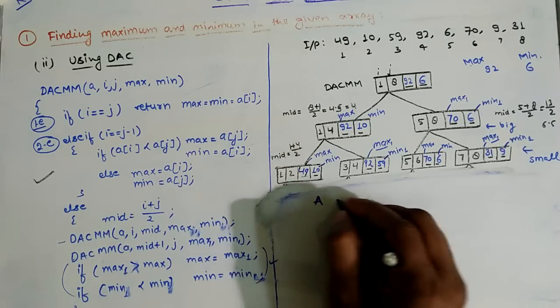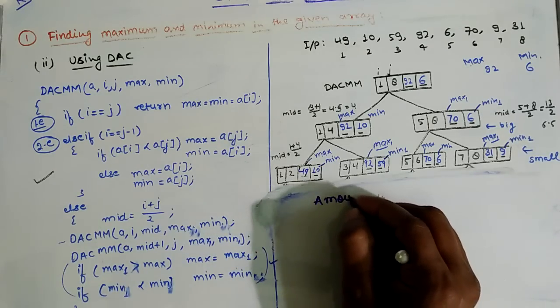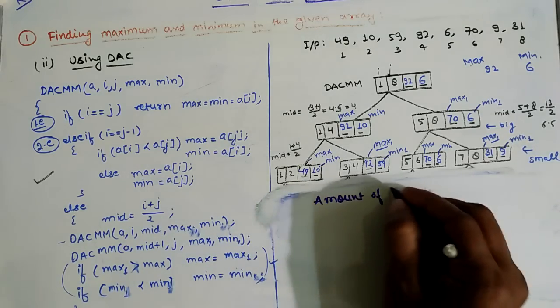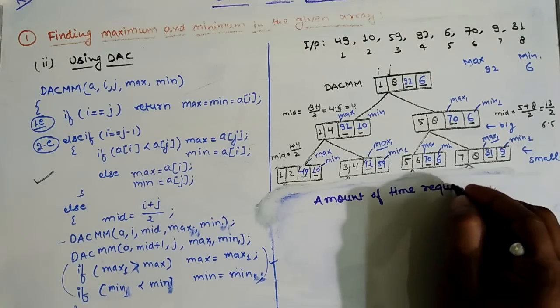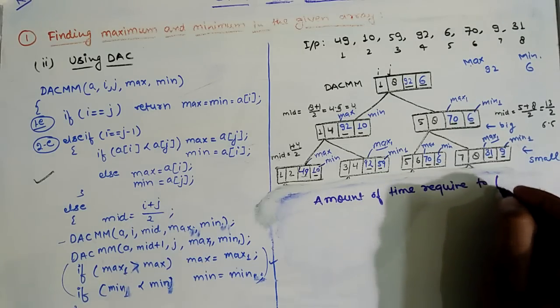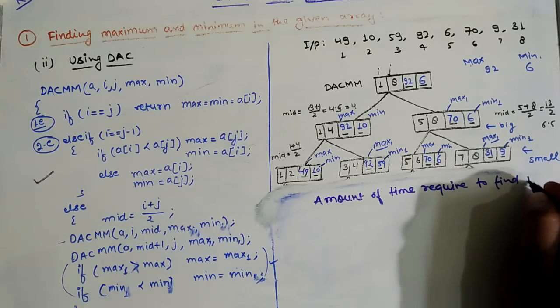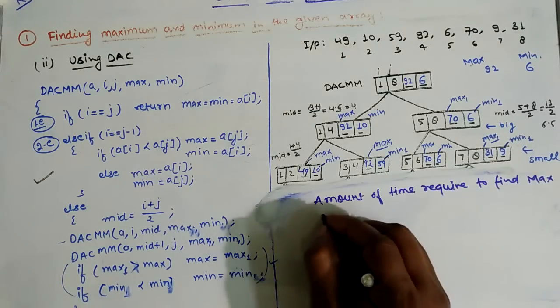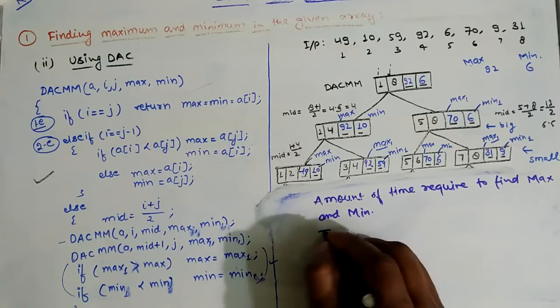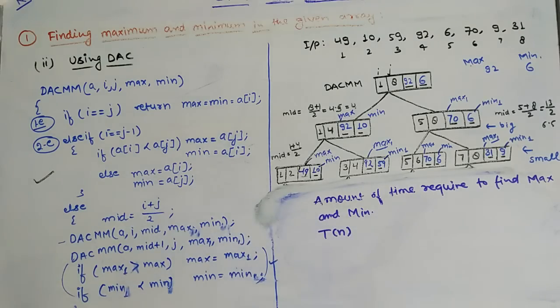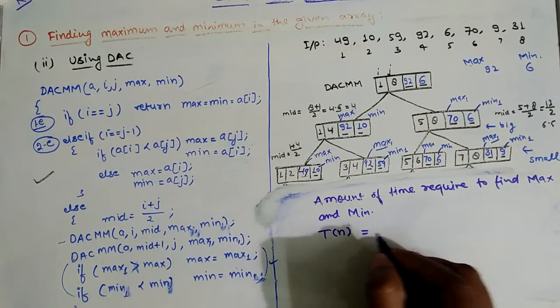So I need to analyze the amount of time required to find the max and minimum element. Suppose the amount of time required is T(n).